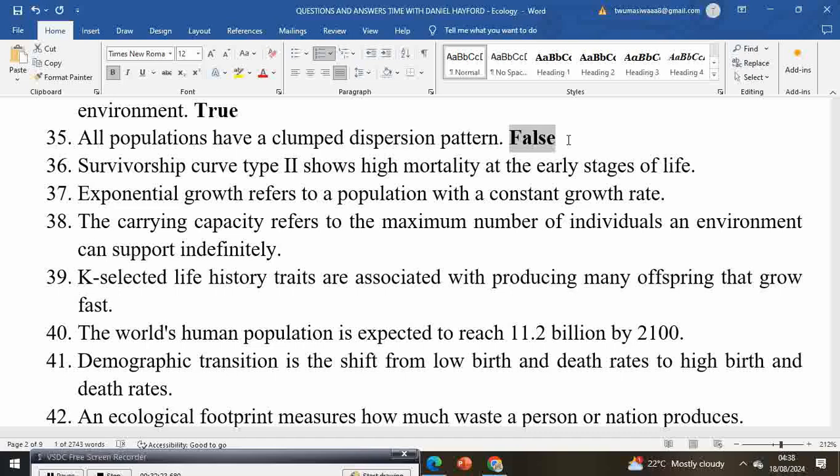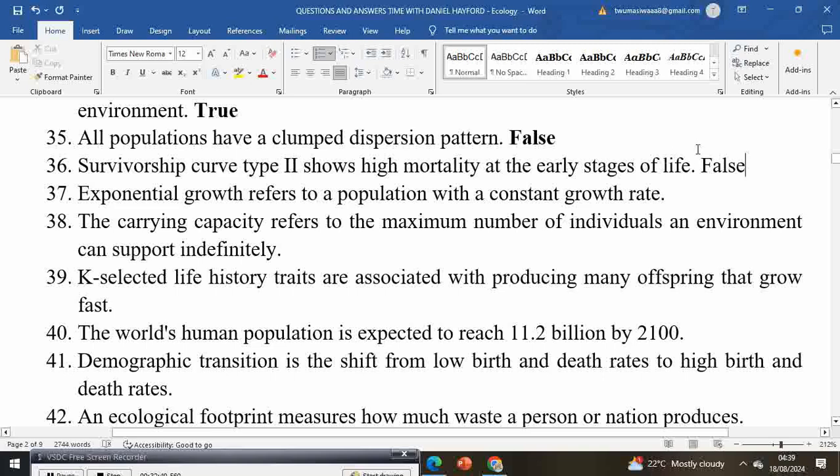And question number 36. Survival curve type 2 shows high mortality at the early stages of life. Is this one true or false? 36.